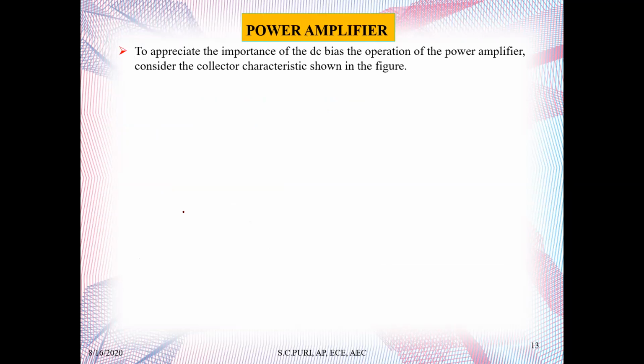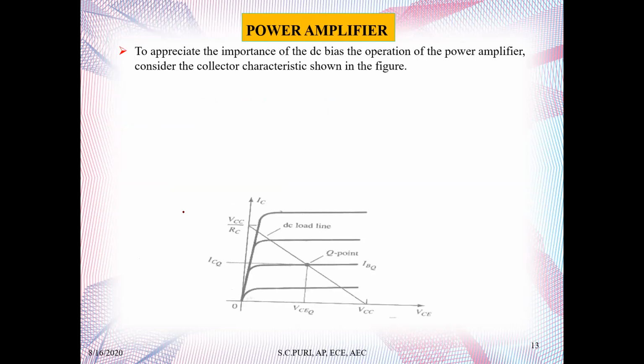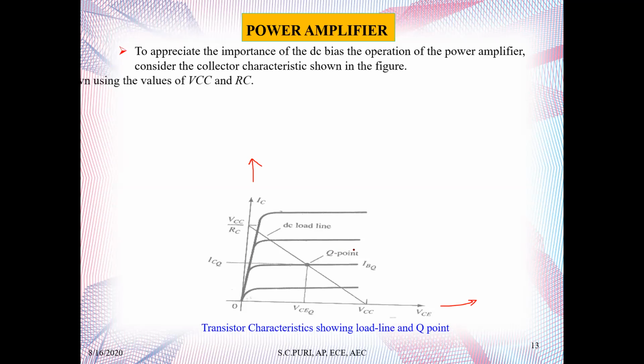To appreciate the importance of the DC bias to the operation of the power amplifier, consider the collector characteristic shown in the figure. You can see here, this is the collector characteristic. On the x-axis there is VCE, and on the y-axis there is IC. Now VCE versus IC, and the graph is obtained. This is the transistor characteristic showing the load line and Q point.